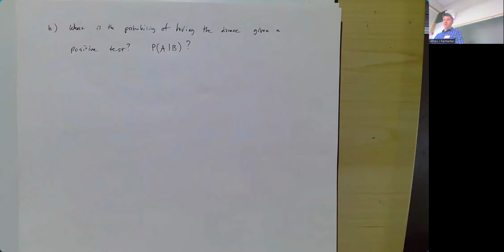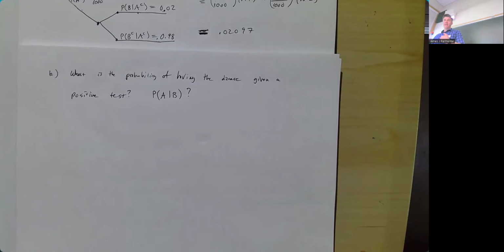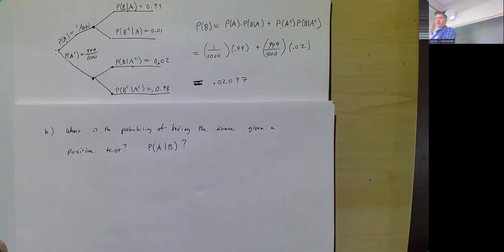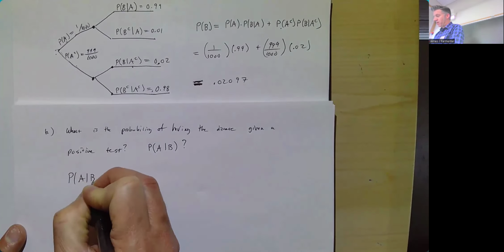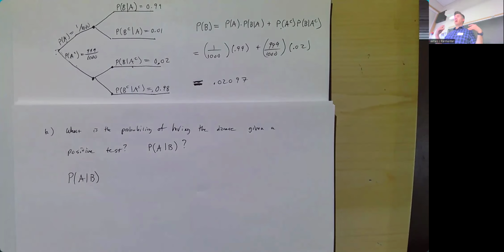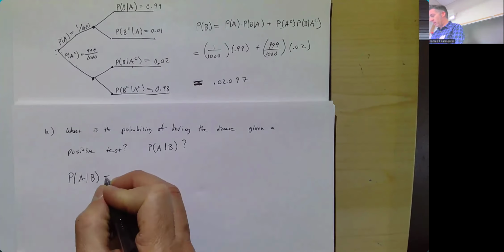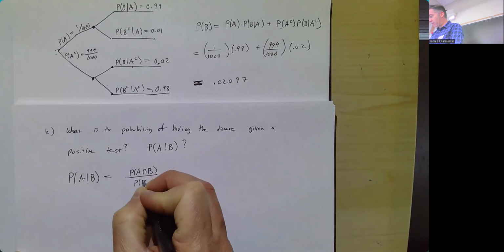I'm really just going to look at my tree for this. Whenever I'm trying to do a conditional probability, if it's not one of those where I can use a reduced sample space, like I only need the 4 kings, not the entire set of cards, I'm almost always going to start with the first version of the formula: the probability of the intersection divided by the probability of the given thing.